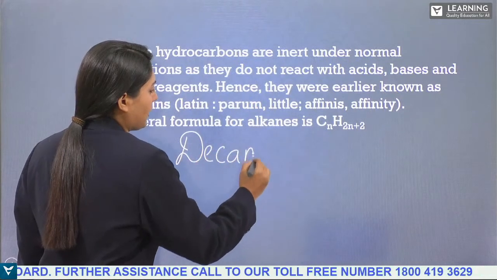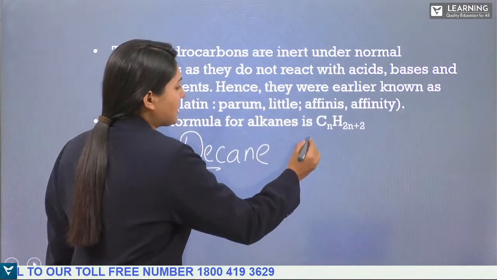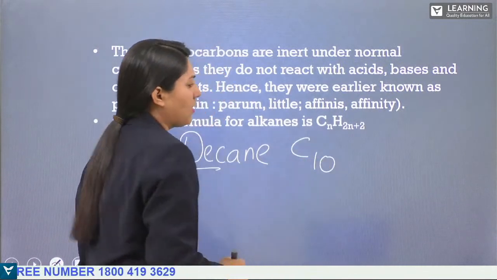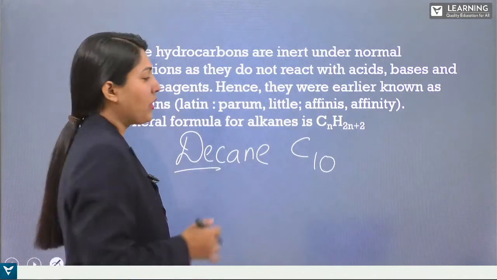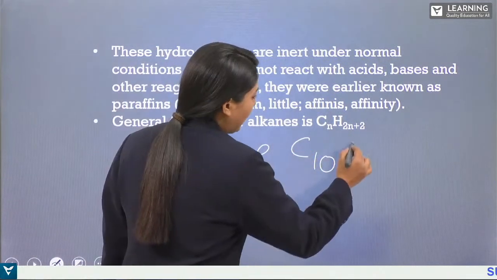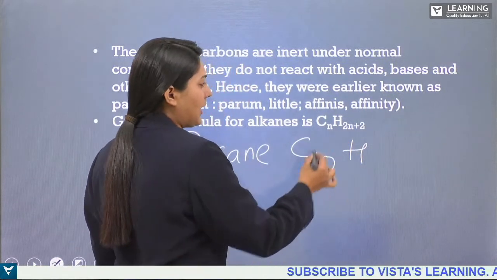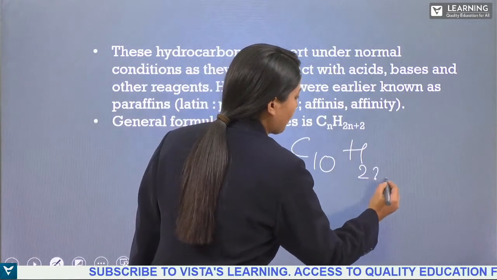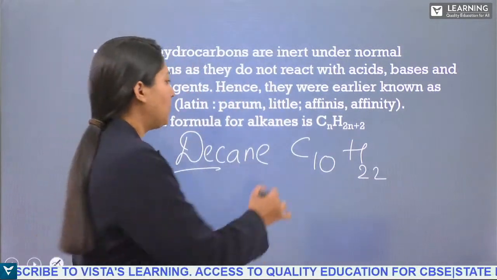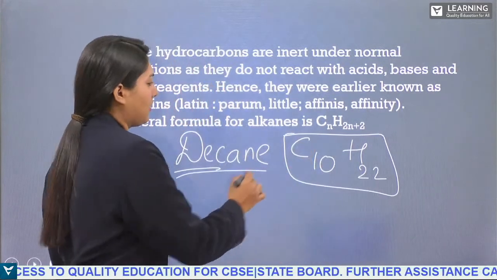So if I take this general formula and if you ask me to write the formula for decane, as we know deca means 10. So for C10, what will be the molecular formula? For that, we can easily write H equals 2 into 10, right? 10 into 2 plus 2, that is 22. So this will be the formula for decane.